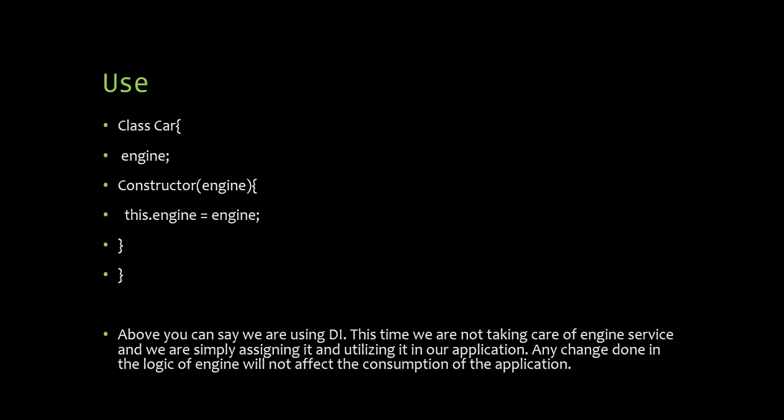So when we use this class and provide the engine object by injecting it through the constructor, then we are using dependency injection. This time we are not taking care of creating the engine service; we are simply assigning it and utilizing it in our application, and any change in the logic of the engine will not affect the consumption in the application.